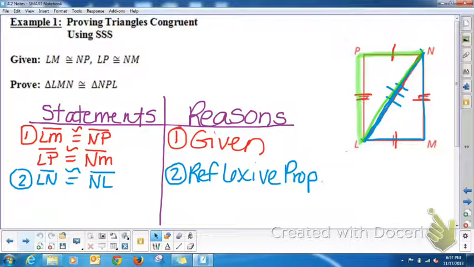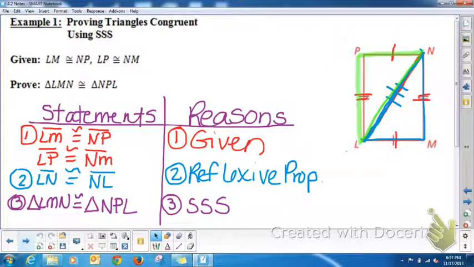Now that we've just proved that all of the corresponding sides are congruent, we can say that these two triangles are congruent using the side, side, side triangle congruence postulate. So we can say triangle LMN is congruent to triangle NPL using SSS. SSS stands for side, side, side triangle congruence postulate.